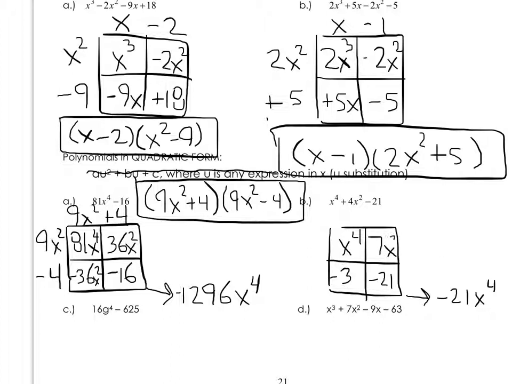And again, logically, it makes sense to split up the x to the 4th into x squared and x squared. Okay, GCF, x squared times x squared, x squared times 7, x squared times -3. So the final factors become x squared plus 7, x squared minus 3.